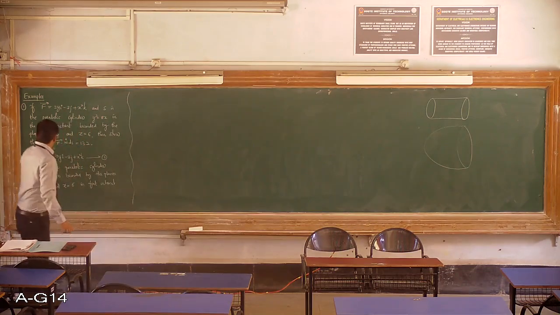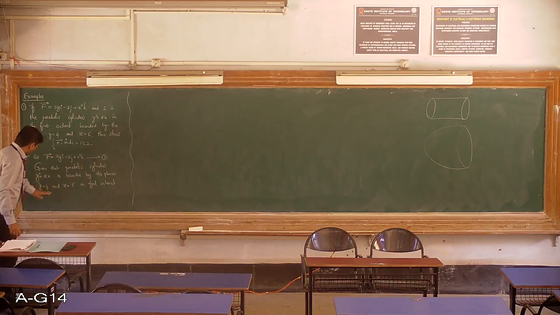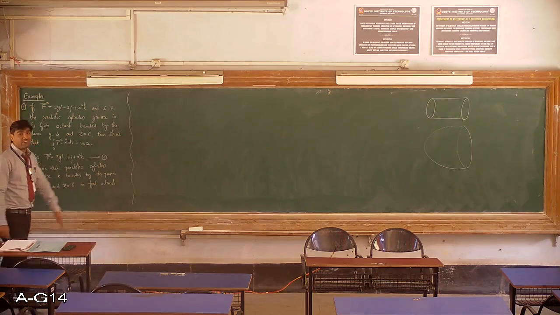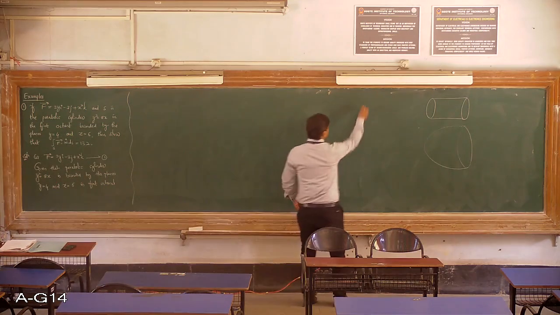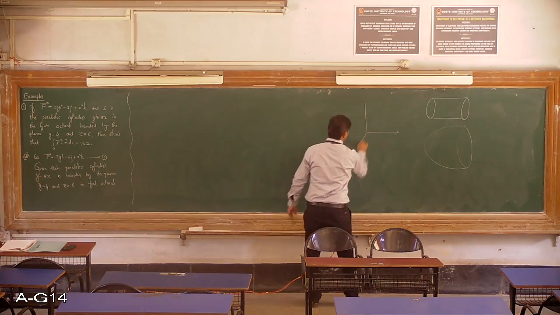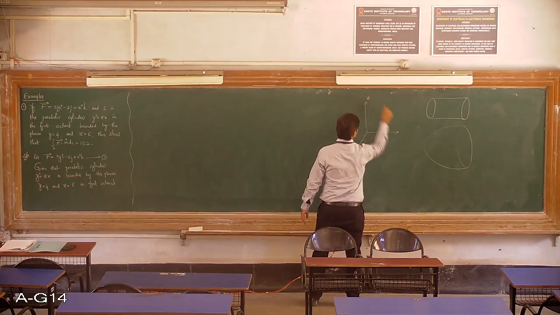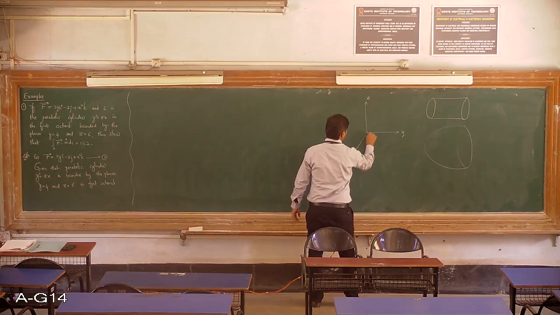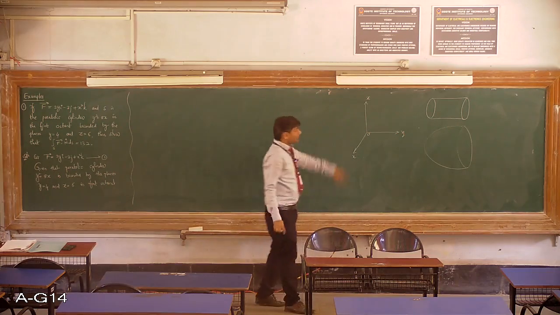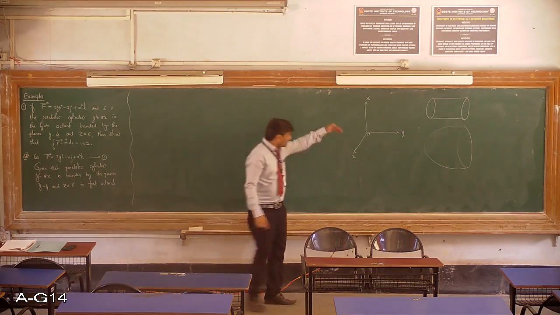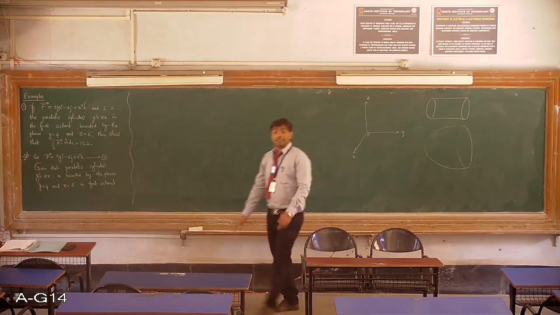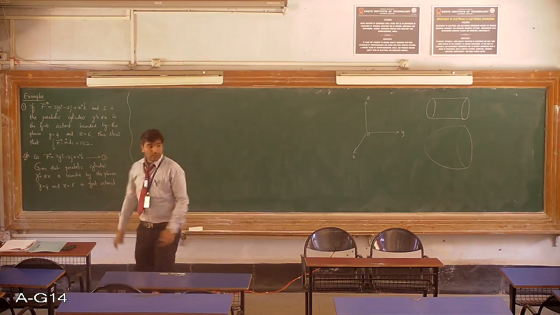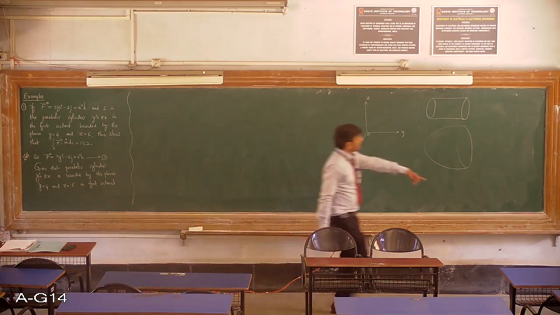Now what they have given is that it is bounded by two planes, y is equal to 4 and z is equal to 6, in the first octant. First octant means, if you take x, y, z, with this as z, this as y, this as x, and this as the origin, then first octant means the positive direction of the x-axis, the positive direction of the y-axis and the positive direction of the z-axis.